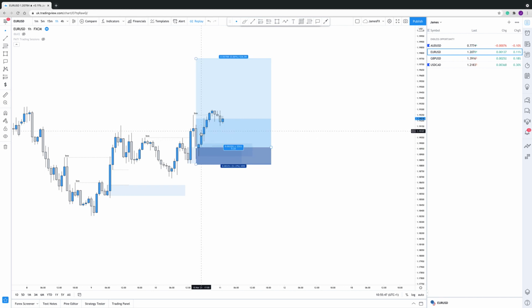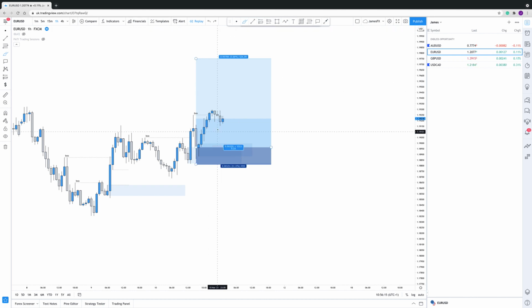Not really, so we've got a bit of wicks, but we did push off breaking structure. But notice how the wicks are meeting on each candle as opposed to here where they didn't. So this is showing me efficient price action, meaning price doesn't really need to come back down to mitigate because it's already efficient.